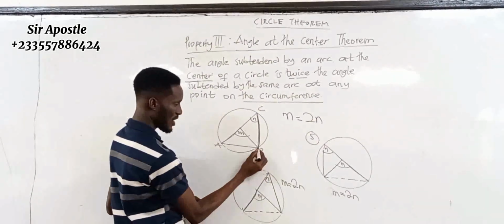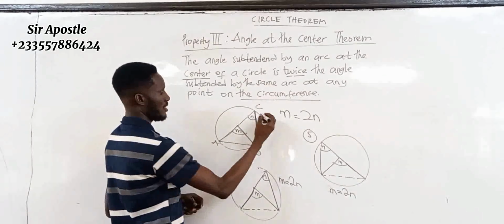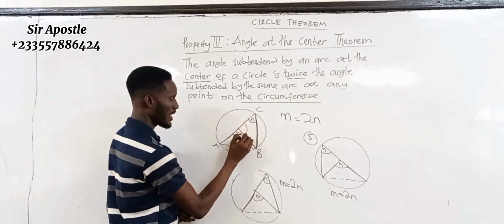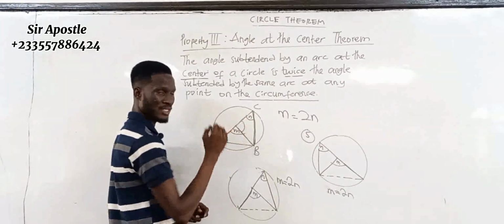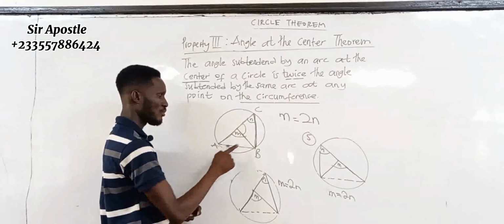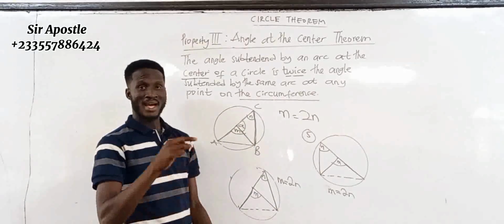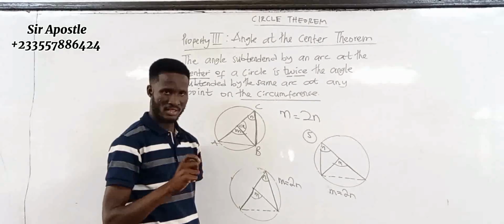This chord moves here to the center. This one also meets it here. So we have an angle from here. That is the angle formed by this particular chord BC at the center of a circle. Now let me label this angle as A.